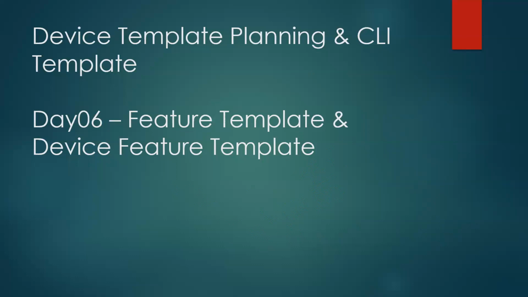If you are very new to feature templates and device feature templates, creating the template the first time may take you 3 to 4 hours if you are creating all the features. Second time, maybe 2 hours. Third time, maybe 1 hour. Next time, maybe 30 minutes or 15 minutes. It's like that. Okay, so let's try to build our configuration.